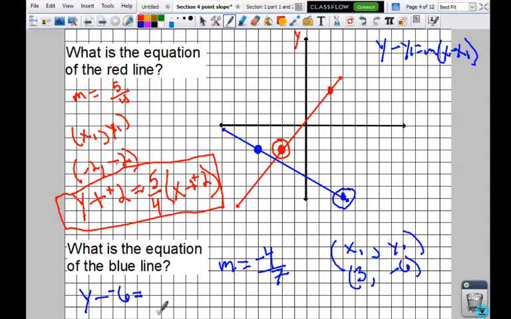What's my m? Because that's what comes next, right? -4/7. So it's going to equal -4/7. What's going to be in parentheses, Willem? X. Minus... minus -6.